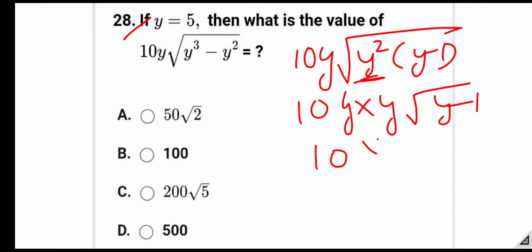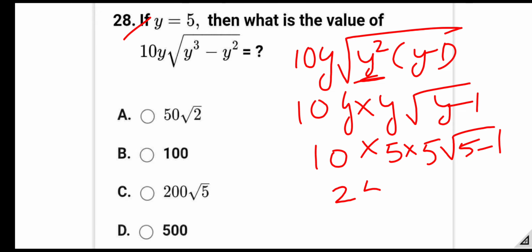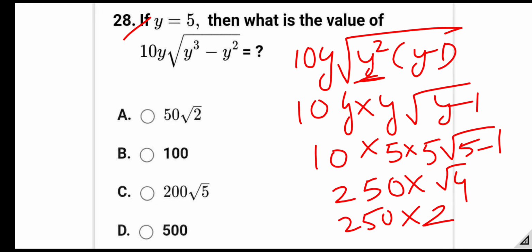Now 10, put the value of y, which is equal to 5, and 5 minus 1. 250 multiplied by 5 minus 1, that is 4. Now the square root of 4 is equal to 2. 250 multiplied by 2 is equal to 500. So option D is the right option.